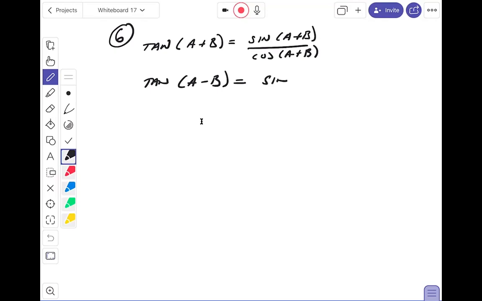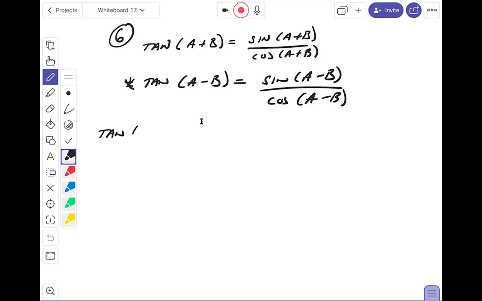And that would be sine a minus b over cosine a minus b. All right, now the question is, looking at problem number 6, I'm looking at the top and it's a difference. So it clearly looks like this one over here. All right, so I'm going to write it down for you. And it's a lot of work to write things down. I still want to write it down for you.